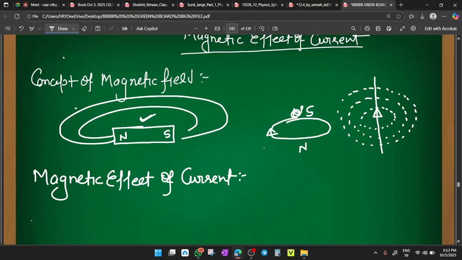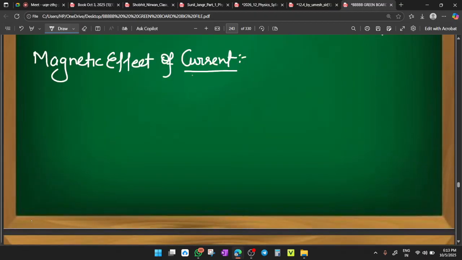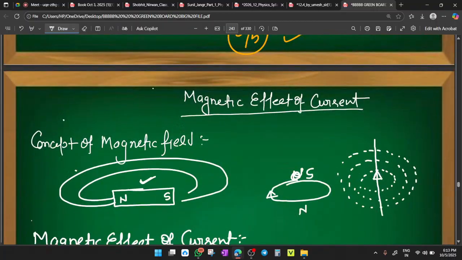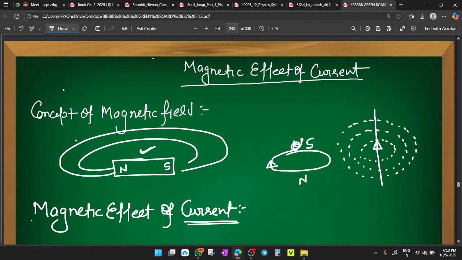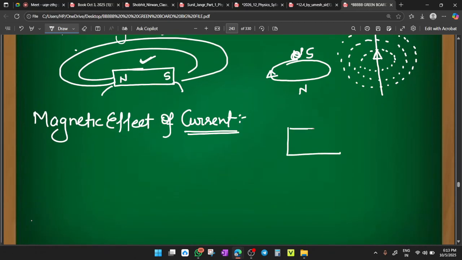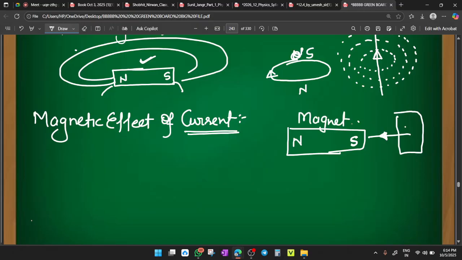No one knew that a current can also produce a magnetic effect. People understood that only a magnet can produce a magnetic effect, meaning it can attract magnetic material towards itself, like a bar magnet attracting some magnetic material. That was before Oersted's experiment.